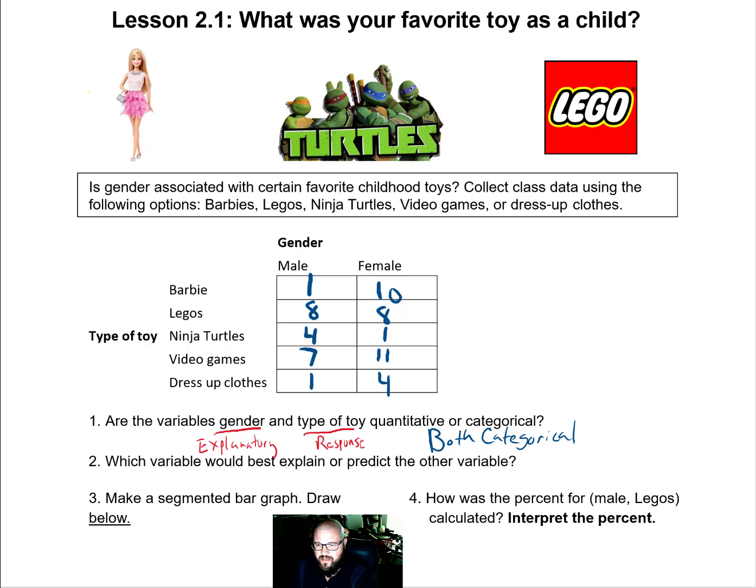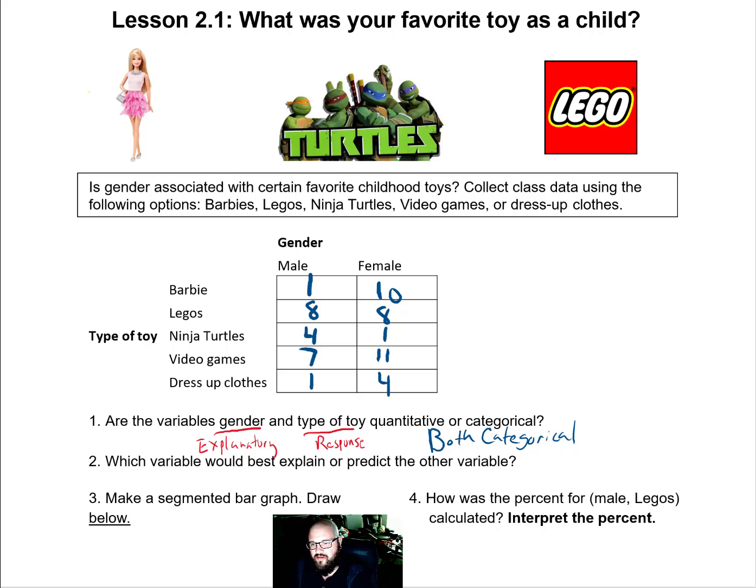So which variable would best explain or predict the other variable, okay? That goes into what we just talked about, right? As far as which would best explain or predict the other variable. Well, explanatory, so that's what we're looking at.